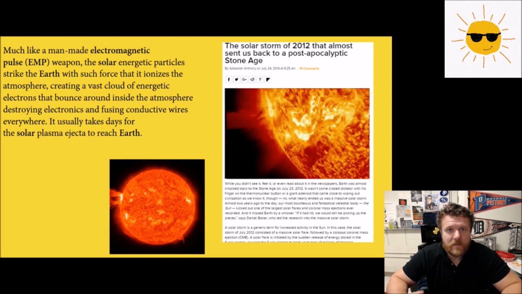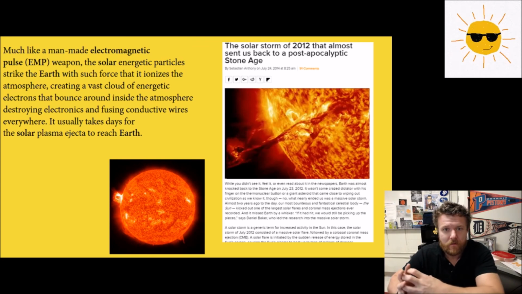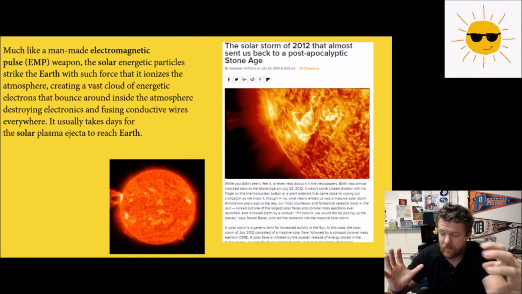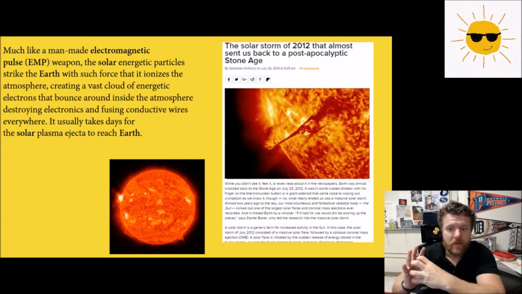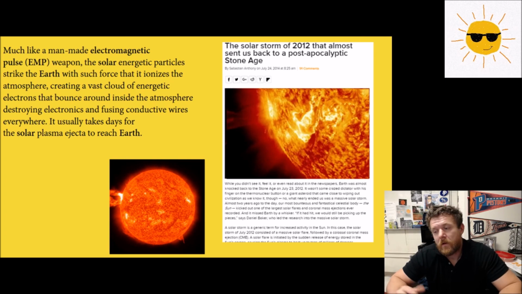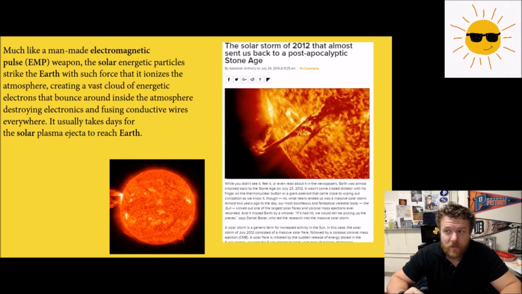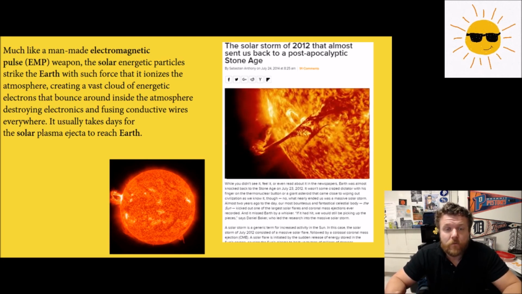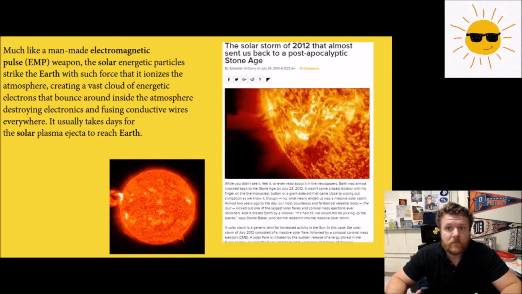The hard part is that it would only happen on one side of the Earth. Whatever side of the Earth was facing the sun when that EMP hit, when that CME full of charged particles hit Earth. If you're on the other side of the Earth, you're just fine. You're going to wake up in the morning and hear a bunch of news stories about how half of the Earth is now without electricity for good, and they're all fighting over food and medicine.